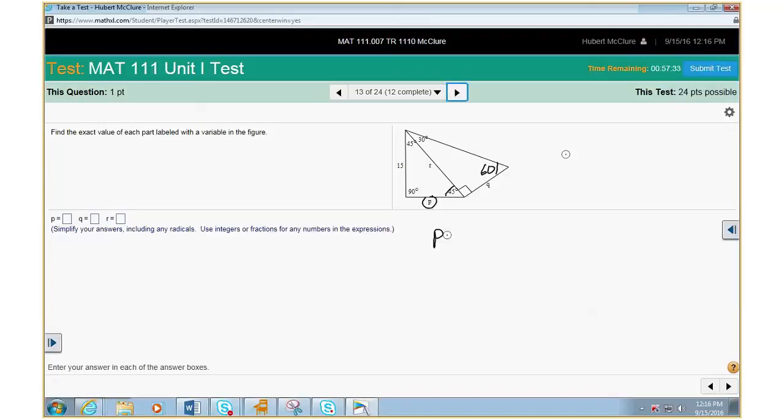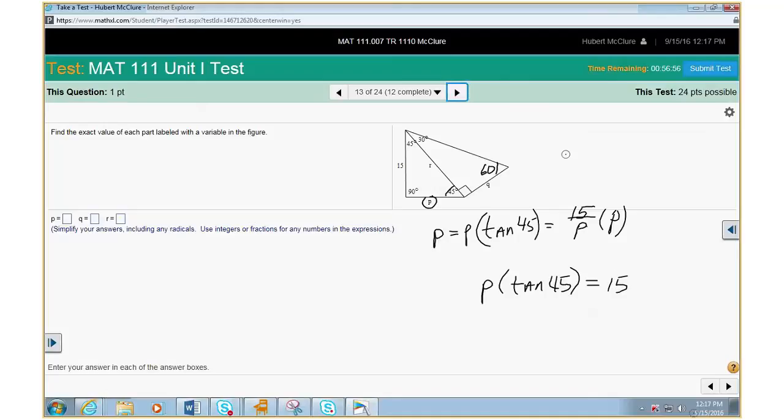The tangent of theta is equal to P over 15, and that's the 45 degrees. And I'm going to multiply both sides by P, and I've got P times the tangent of 45 degrees is equal to 15.